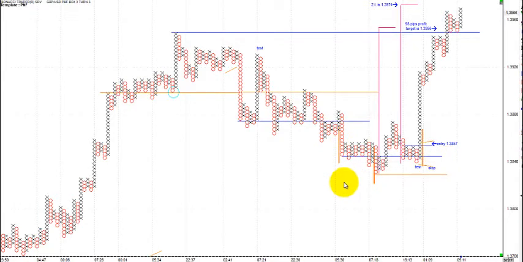So the biggest factor here would be in how you construct your point and figure, because I can change the construction of this point and figure to mimic a larger time frame like the 4-hour or the daily. So if you don't have time to wake up and trade the London session, you could certainly adjust the point and figure so that you would get an opportunity to capitalize on some of this movement here.